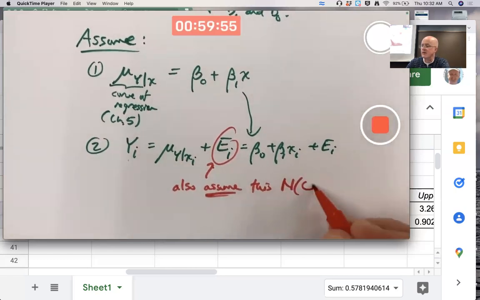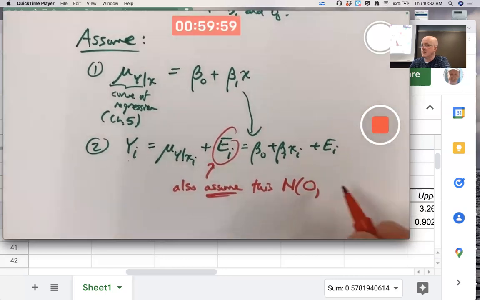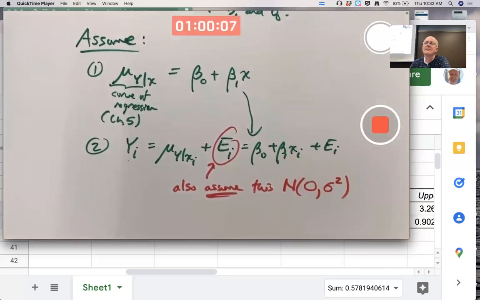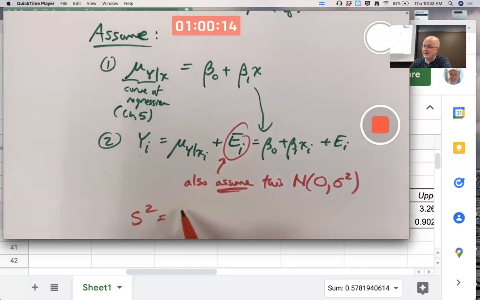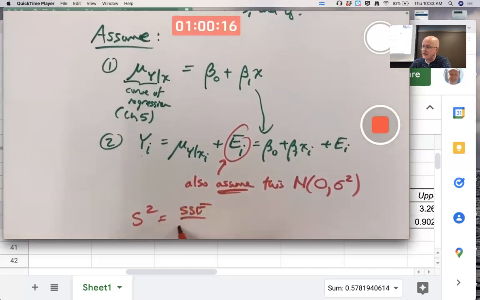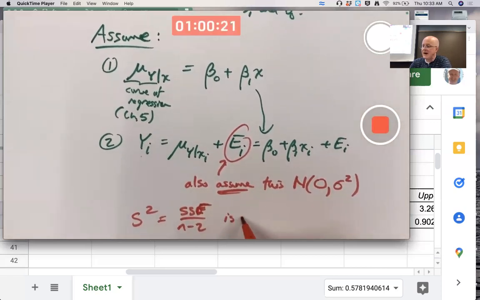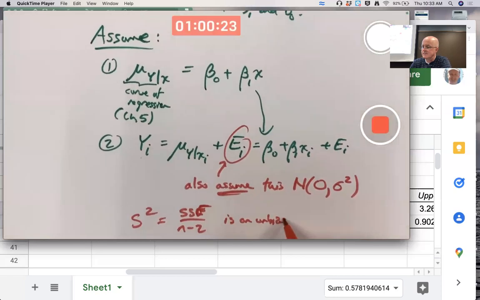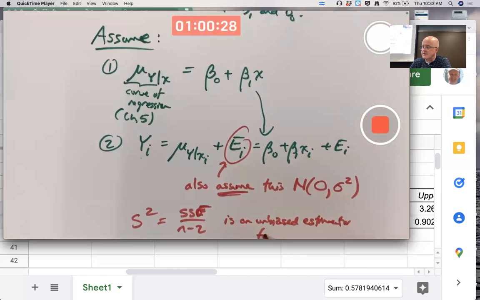So we're going to assume the mean is 0. How about the variance? I guess it would depend on the situation. Just call the variance sigma squared, where sigma squared is unknown. And in fact, s squared, which is SSE over n minus 2, I showed you that 15 minutes ago, is an unbiased estimator for sigma squared.